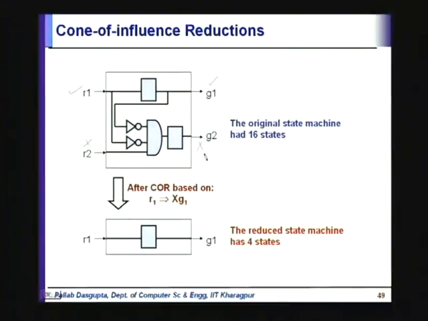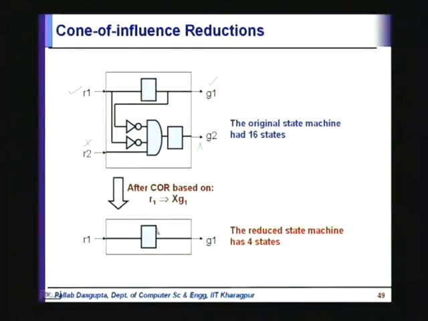Now, those 16 states have what? R1, R2, G1, G2. Now, in that state machine, we are dropping the R2 and G2 variables, and creating an abstract state machine.